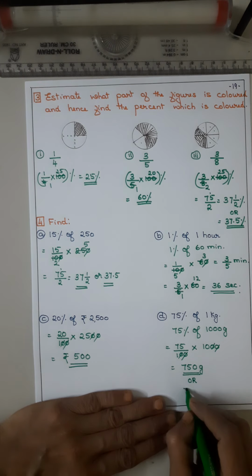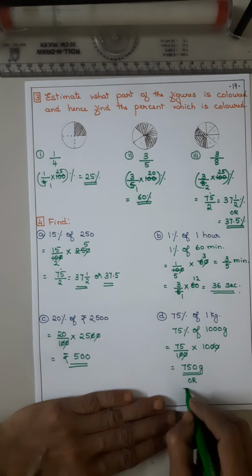So 1 2 3, 1 2 3. लेकिन इधर 0 उसको निकाल दिए क्योंकि डेसिमल में राइट हैंड साइड में 0 रहेगा तो उसको वैल्यू नहीं है. Is it clear? So we have completed even the fourth question, isn't it?